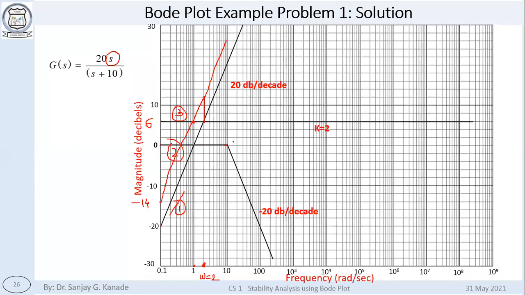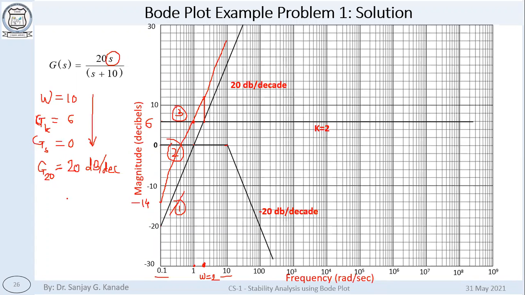Now why only until this? Because from omega equal to 0.1 to omega equal to 10, the gain, let's say GK, is equal to 6, because of this S the gain is G 20 dB per decade, until omega equal to 10, right?